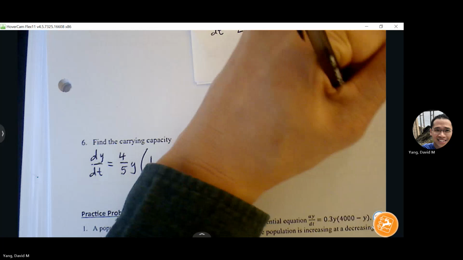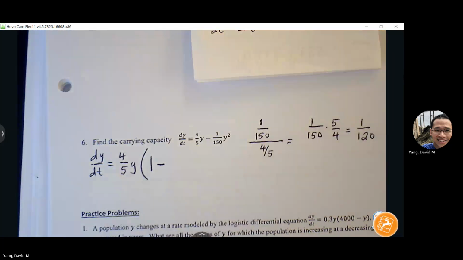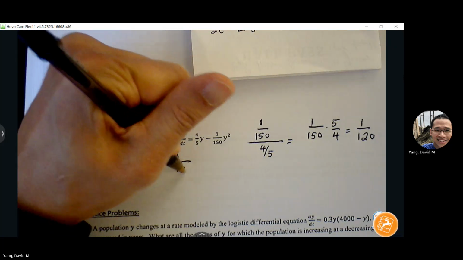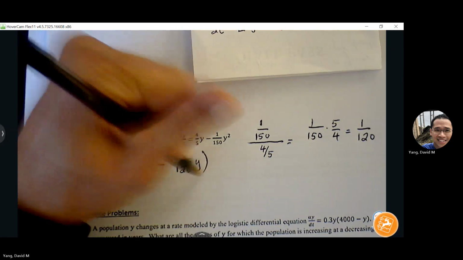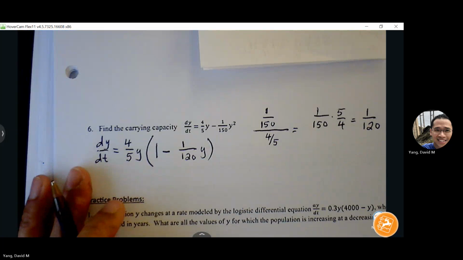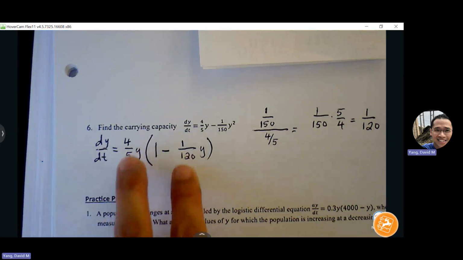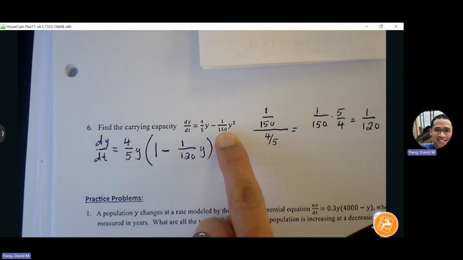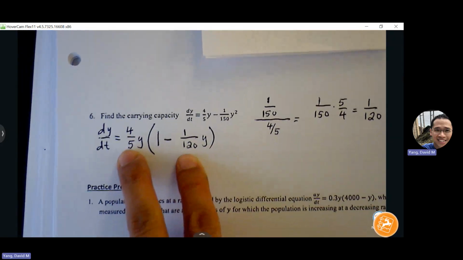So that's the same thing as 1 over 150 times 5 over 4. Double check this, right? 4/5 times 1 over 120 does give us 1 over 150. So we did factor this out correctly.